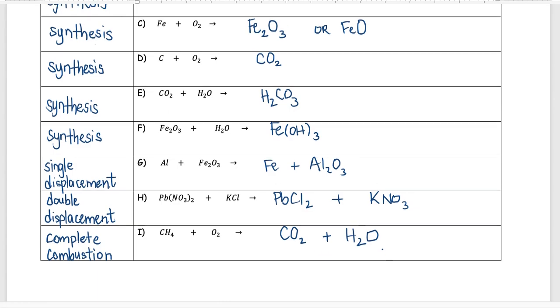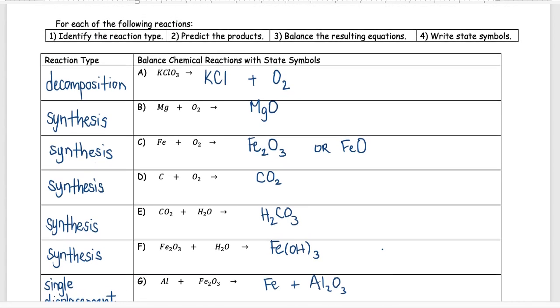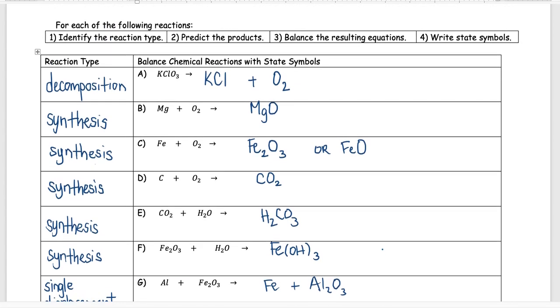Okay, so now you got the reaction type, you found the products, and you wrote the correct formula. So now it's just balancing them and then writing the state symbols. Okay, so if you feel comfortable with step 3 and 4, you can stop the video and just start working on the practice. Okay, otherwise, let's continue here and we're going to balance.